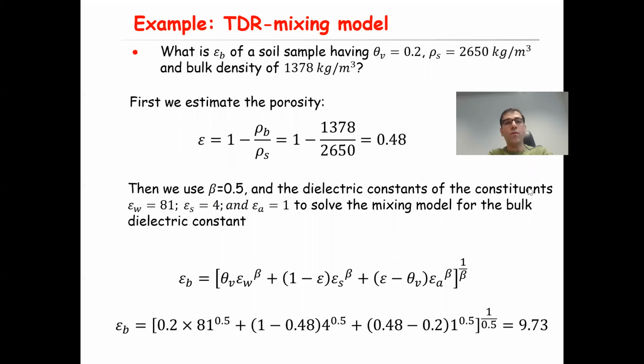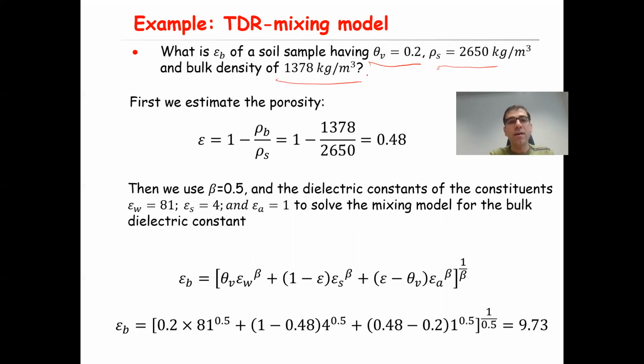What is the dielectric constant of a soil sample having theta v of 20%, rho s of 2,650 kilograms per cubic meter, and bulk density of 1378 kilograms per cubic meter? So you have theta v, the bulk density, and the particle density, and the question is to estimate the dielectric constant.